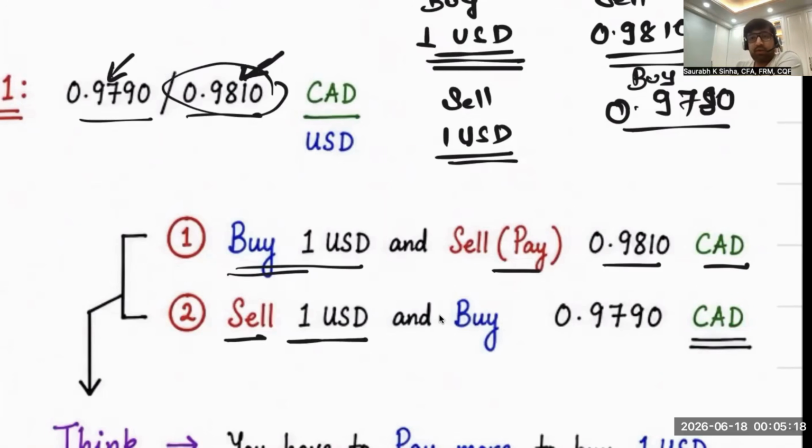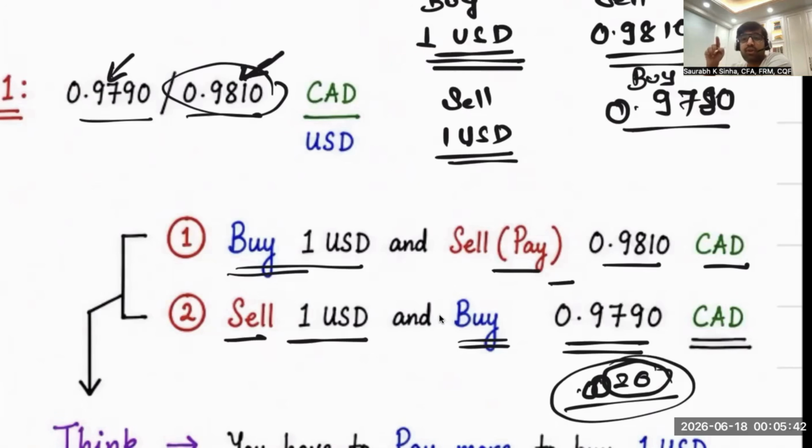If you try to sell 1 USD to the dealer, then in return, what you will receive is only 0.9790 CAD, not 0.9810 CAD. You can understand the difference between the two, which is 0.0020. The difference is the profit for the dealer.